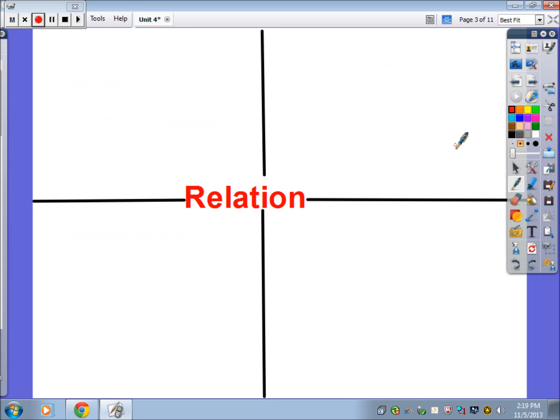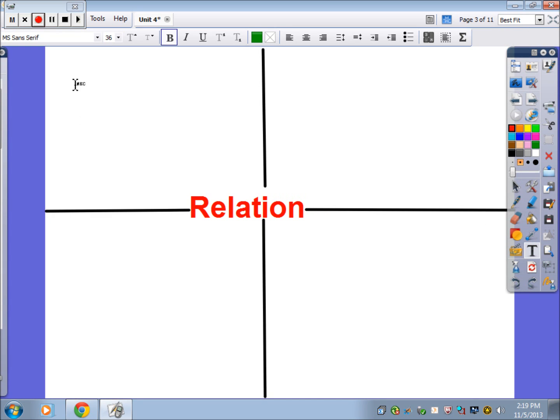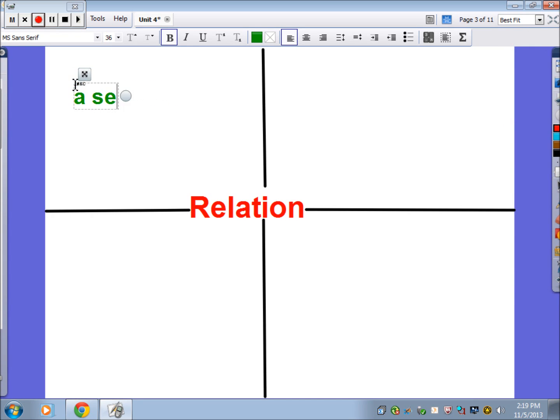On the first Frayer model, you're going to write the word relation. A relation is a set of ordered pairs.